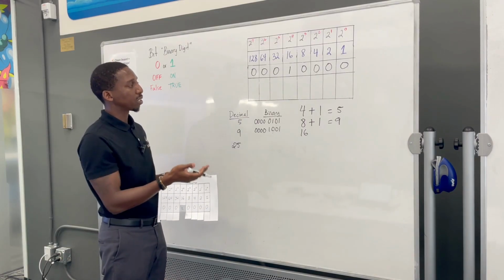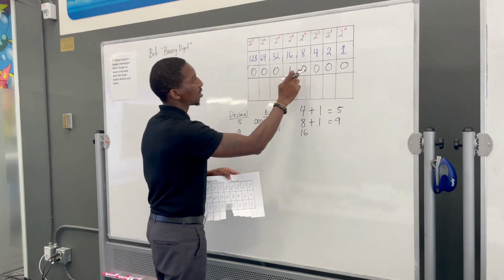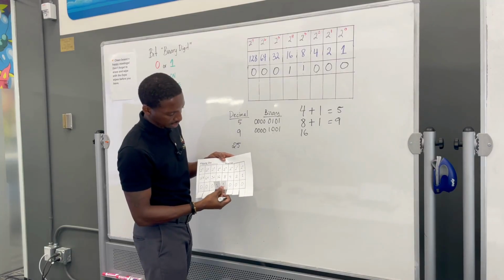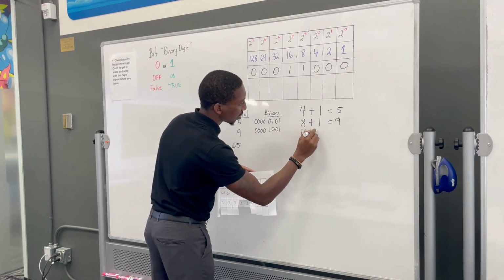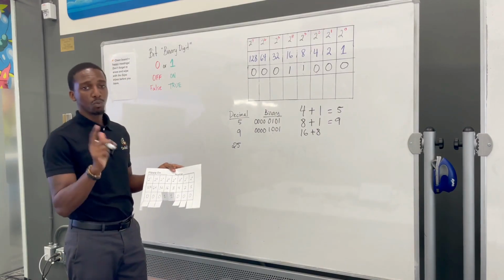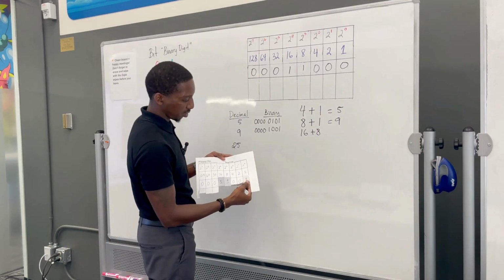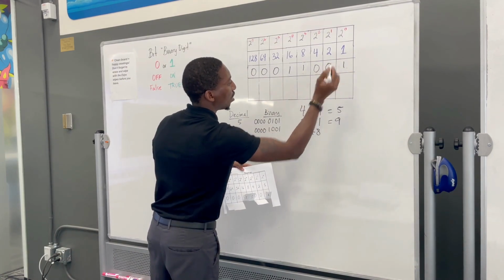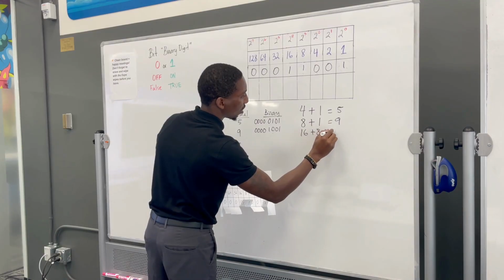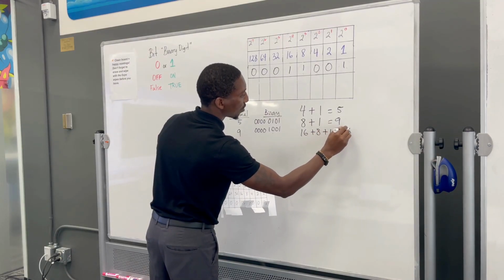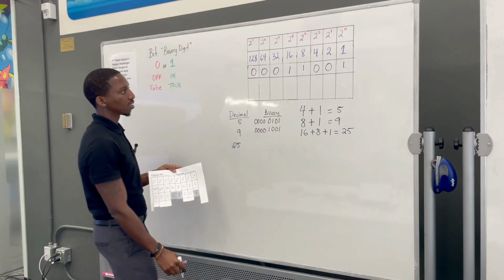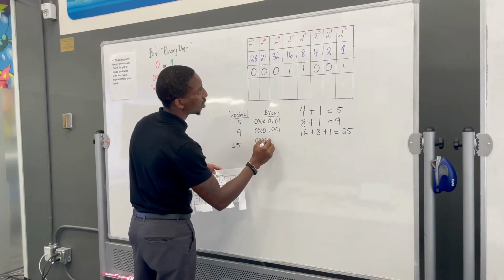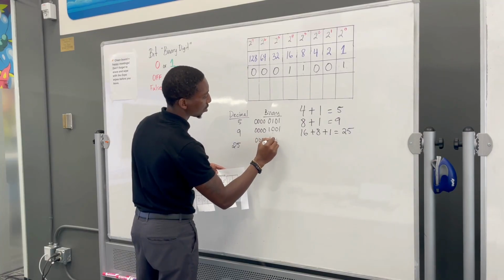So the next number we can turn on is 8. So I'm going to turn on 8. Plus 8, we need one more, which is 1. So I'm going to activate the 1. Plus 1 gives you 25. Okay, so now the code is 0, 0, 0, 1, 1, 0, 0, 1.